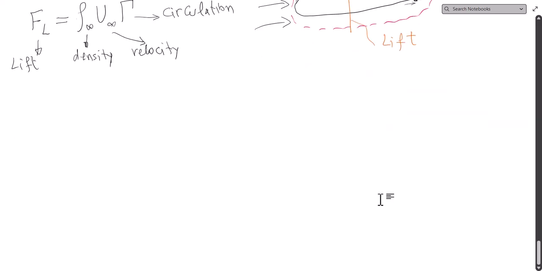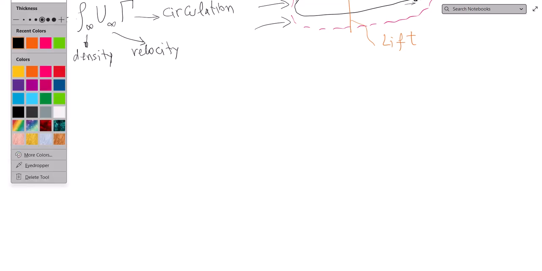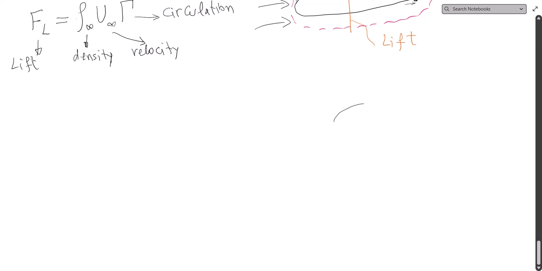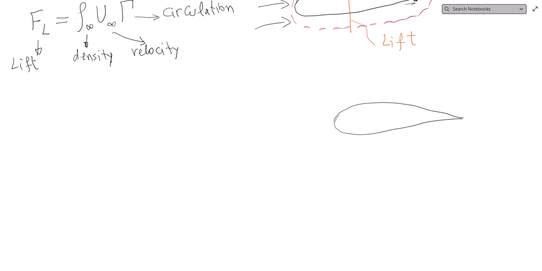Okay, so let's have a very quick insight into this formula that I just mentioned. So let's consider this airfoil. I will draw it again for the purpose of this. I will not call it a proof, but it is a rough proof of this formula, which gives you insight.